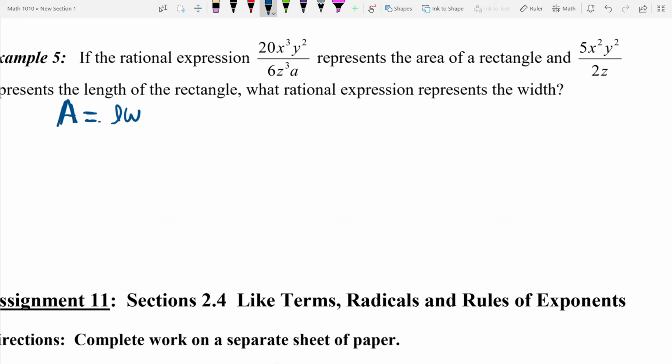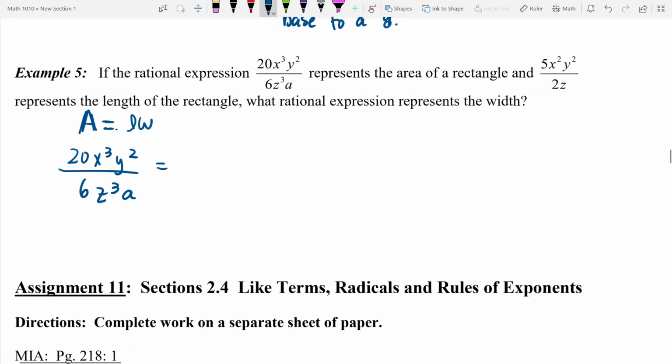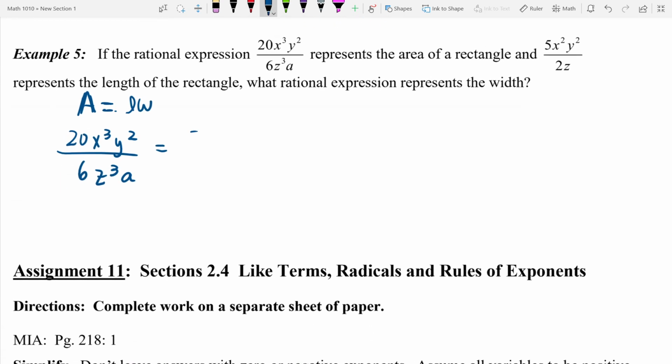So the first one is the area. So everybody go 20x to the 3rd, y to the 2nd, over 6z to the 3rd times a. That's your area, is equal to the length, which they gave us, 5x to the 2nd, y to the 2nd, over 2z, multiplied by something, and I'm just going to put a w down at the end, at the bottom.